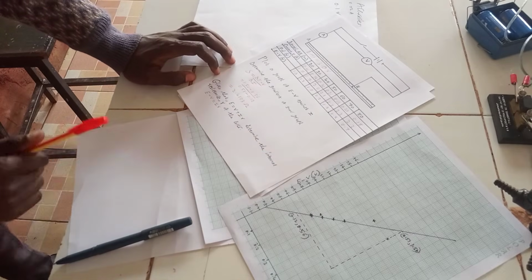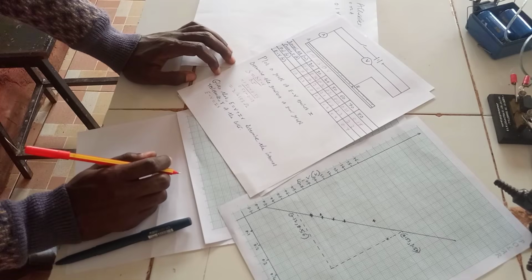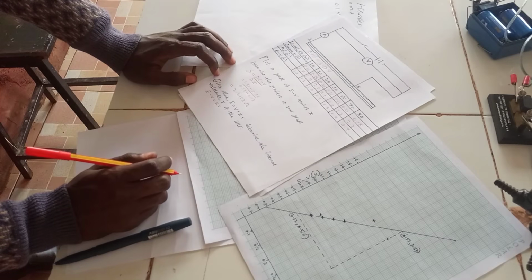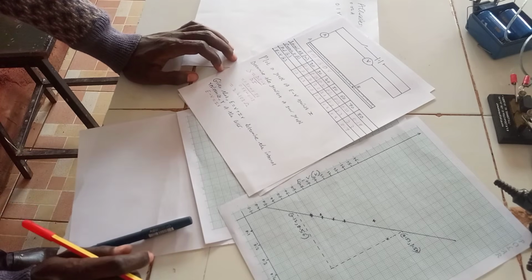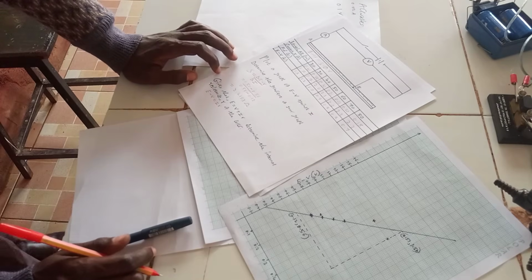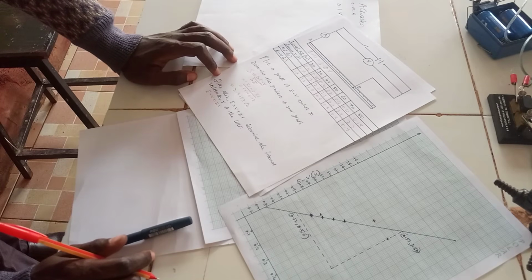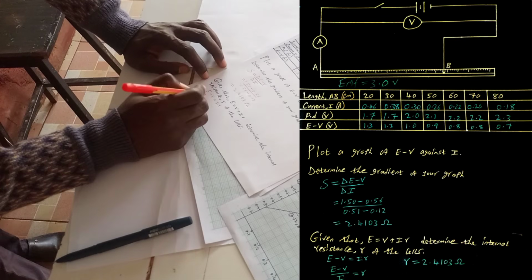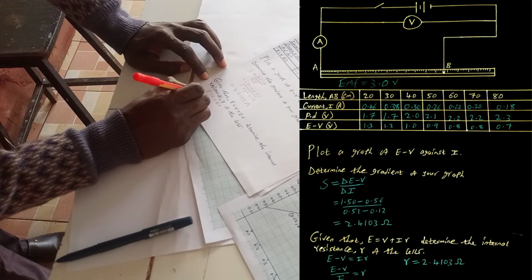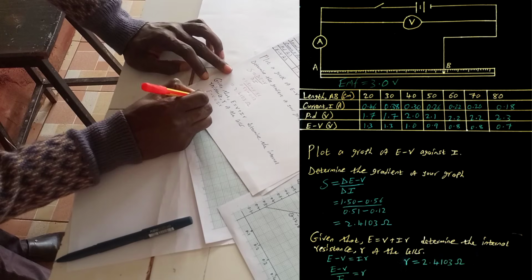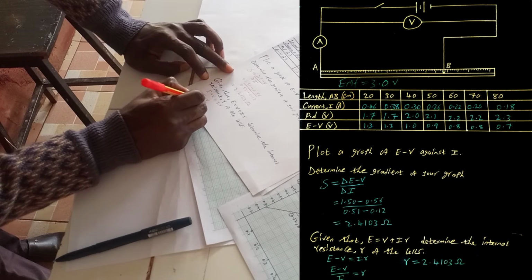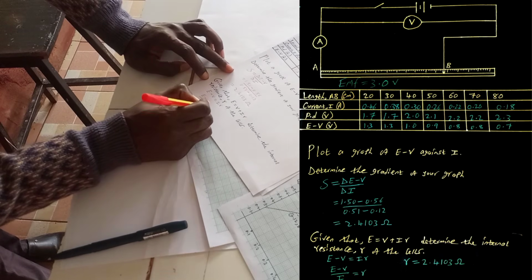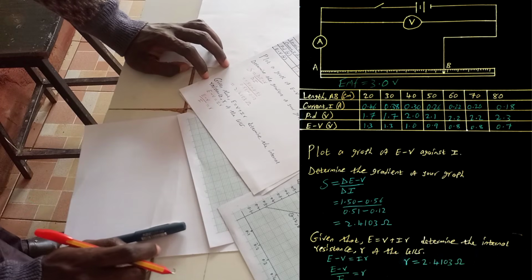Already we have E minus V here, and we have I. This equation is in the form y equals mx. We can also divide both sides by current, so E minus V divided by current is equal to the internal resistance.